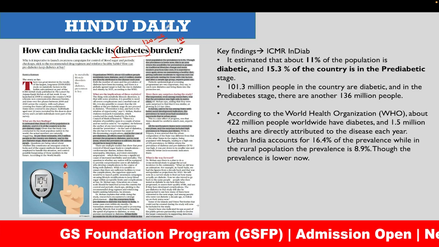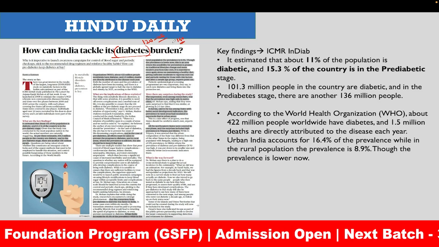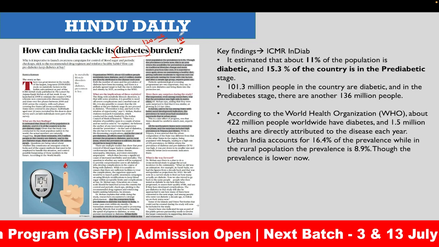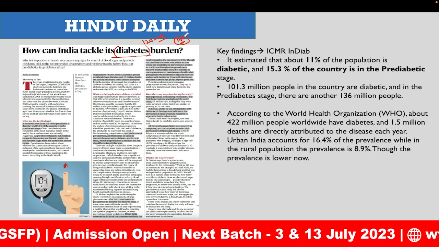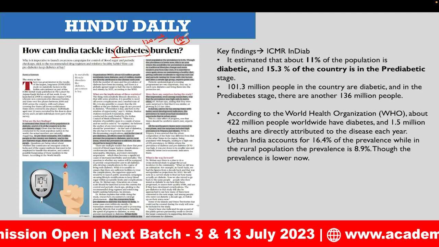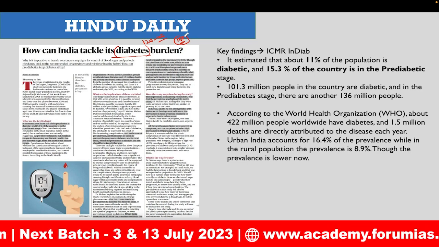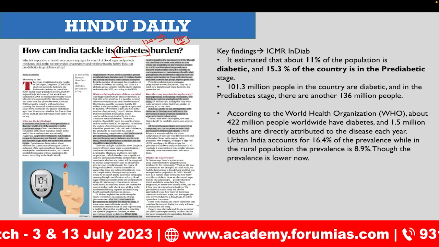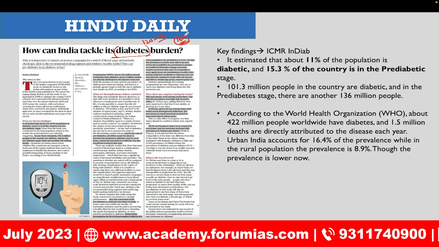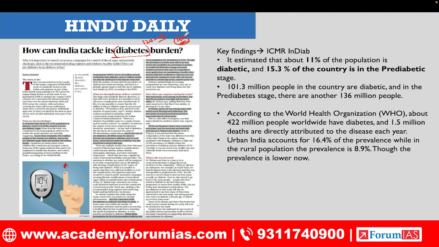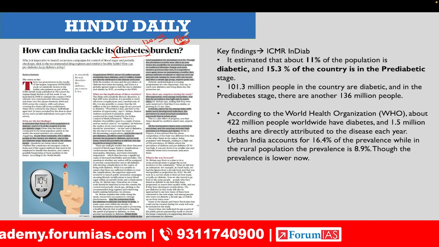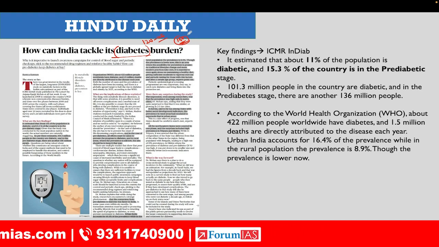So WHO prescribed above 125 as diabetic, but in India we are taking 140 as a norm. In written documents, we are keeping 125, right? But usually the doctors take 140 as a norm. If it is above 140 post breakfast, then we can consider the person as diabetic.